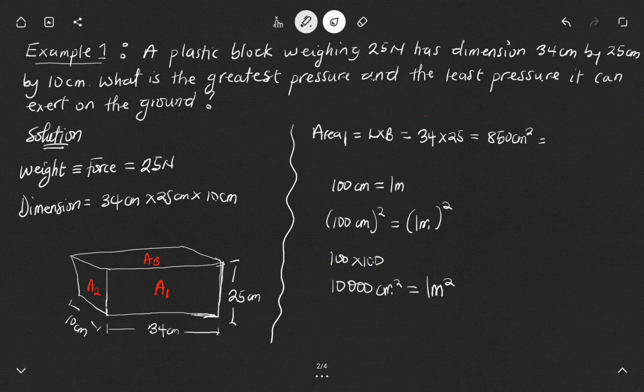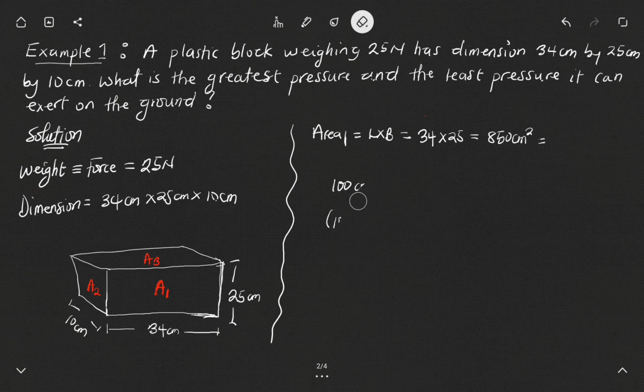So this is the conversion to change from centimeter squared to meter squared. This is our conversion. So you divide by 10,000. All right, so using that conversion, if we convert the 850 over here, we divide it by 10,000, we are going to get 8.5 times 10 raised to the power minus 2 meters squared as the area for area 1.